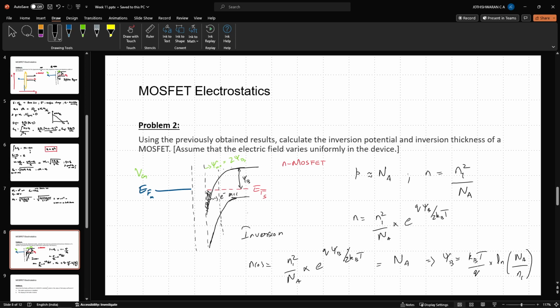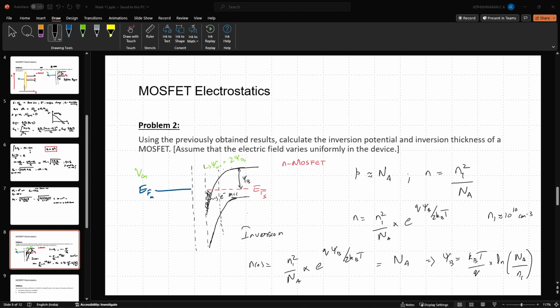So this gives me what psi b is, therefore psi inversion is 2 times this, 2 kBT by q natural log Na by ni. Typically you can assume ni to be 10 to the power 10 per cubic centimeter, which is a good enough approximation. And Na, of course, depends on the doping concentration.